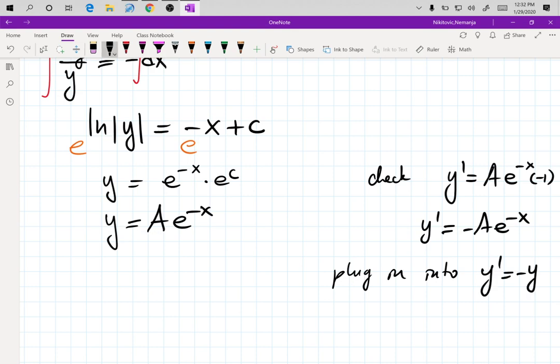So instead of y prime, you put negative a e to the negative x. Then you copy the minus. And instead of y, you put a e to the negative x. And you see that the left is equal to the right. Just like when you plug in 3 into x plus 2, you get 5 equals 5. Over here, you get the same functions on both sides. So this is the solution to the problem.